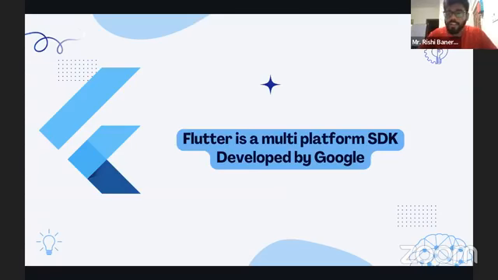So in short, in very non-technical layman terms, we can say that it's a software development kit developed by Google. Before Flutter was there, we used to use Android, Kotlin, Java for making Android apps. For making iOS, we had something different called Objective-C and Swift. For Linux, we had C++, and Windows, we had C Sharp, and Mac OS, we had again Objective-C.